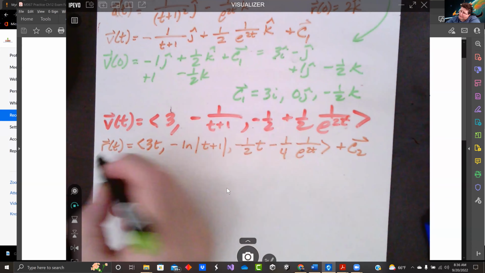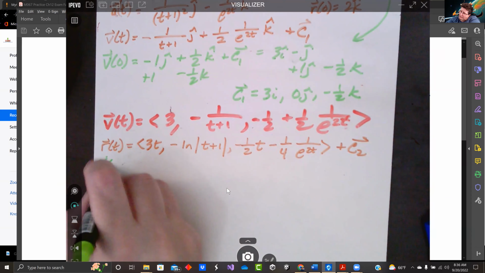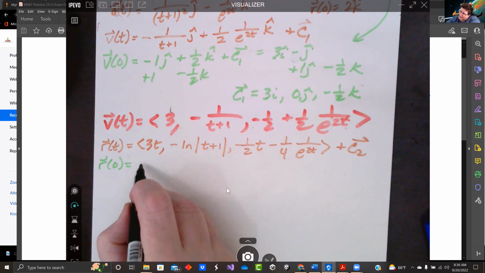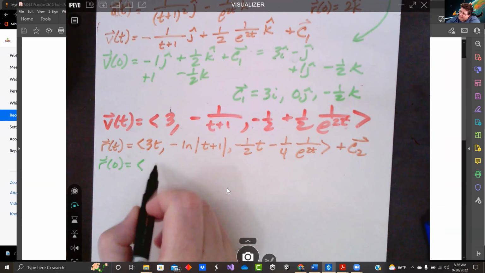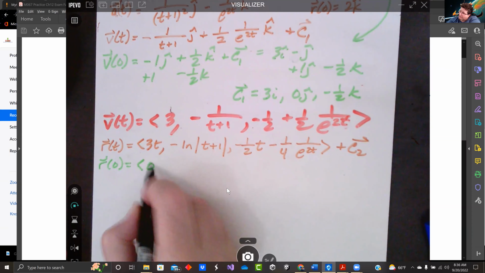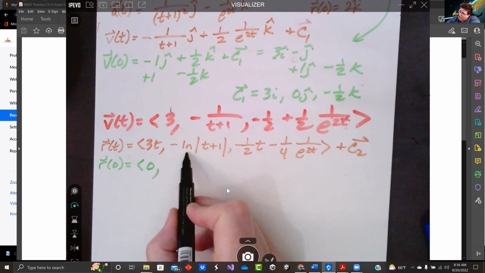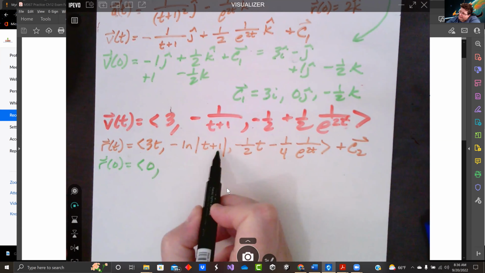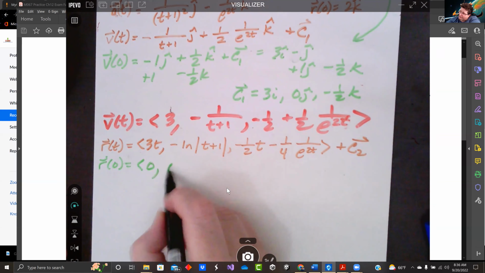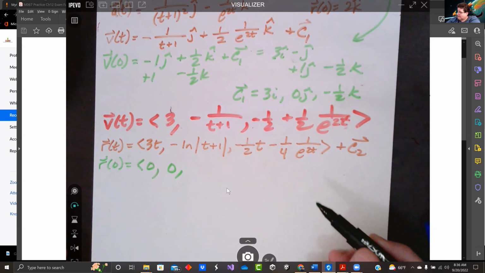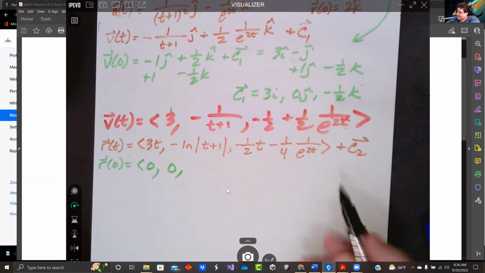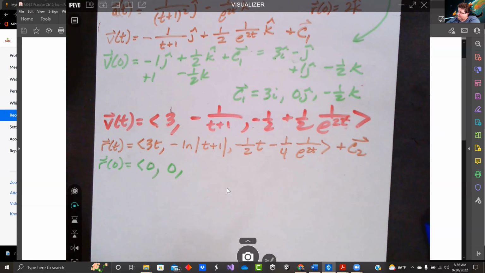So we evaluate R at 0. I'm plugging in zeros for t, 3 times 0 is 0. Natural log of 0 plus 1, natural log of 1 is 0, so negative 0 is 0. And that should say negative 1/2 t.